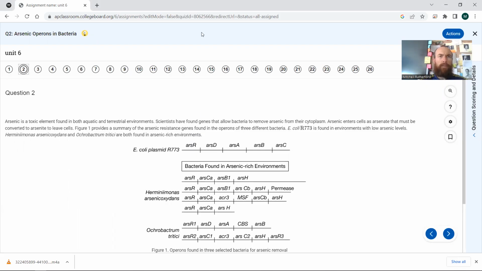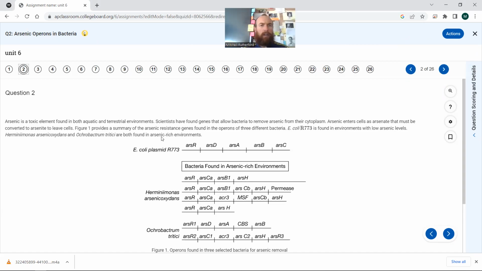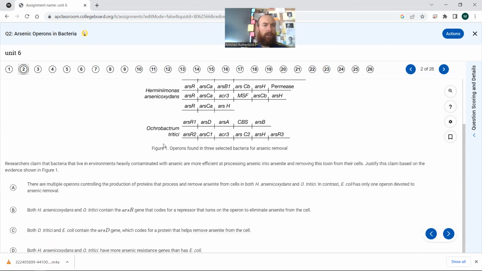All right. We have arsenic is a toxic element. Blah, blah, blah. I'm going straight down to the question. Researchers claim the bacteria live in environments heavily contaminated with arsenic. So let's pick out the words we should focus on. When you read through this, a conversion.